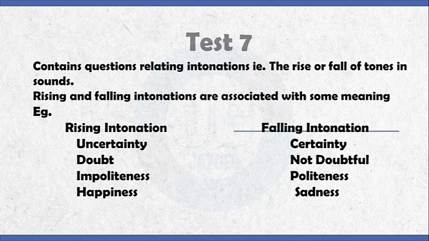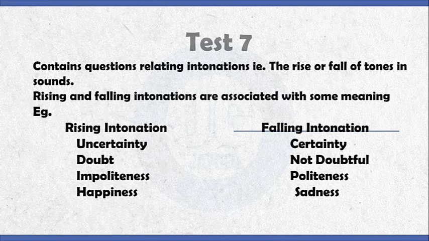So, for instance, when I say, "He came here yesterday," this statement has a rising intonation. It shows that the speaker is uncertain or doubtful about what he or she is saying. On the other hand, if I say, "I came here yesterday," this is a falling intonation. It shows that the speaker is certain about whatever he or she is saying.